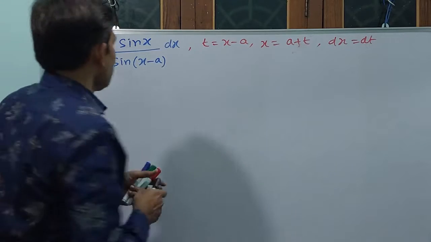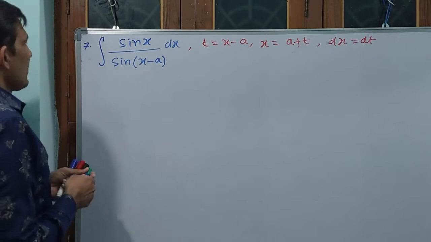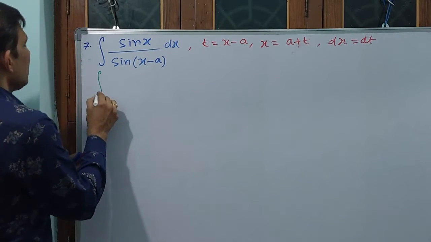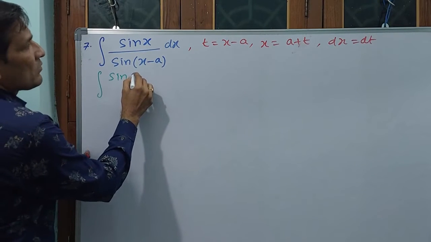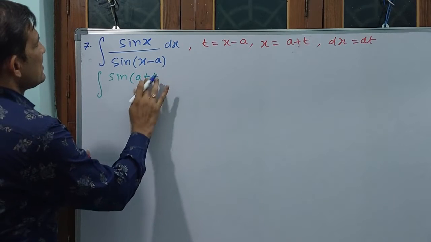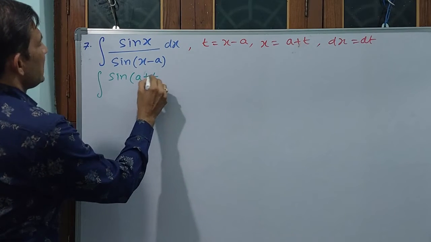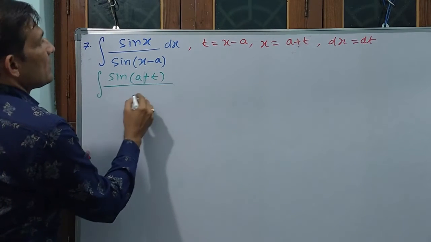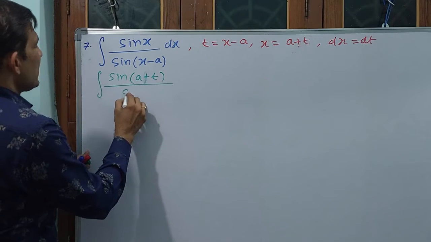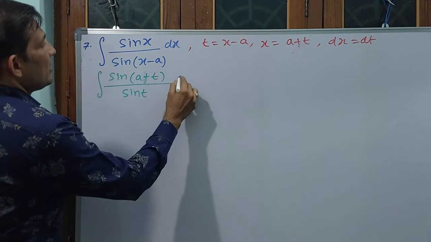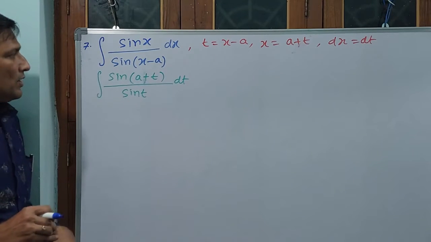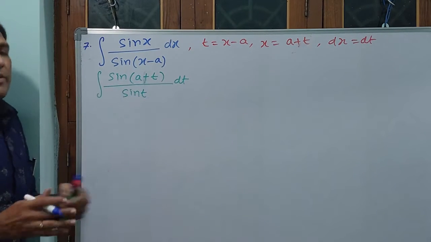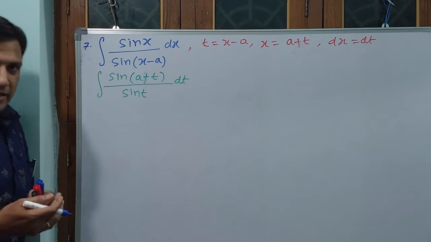Okay. Now you convert this. See how I am converting this. Integral sin of, in place of x we have to write a plus t, close. Then sin of x minus a, we take as sin t, dt. Okay, dx is dt. Now we have one formula, sin of a plus b is sin a cos b plus cos a sin b. Okay, write down.